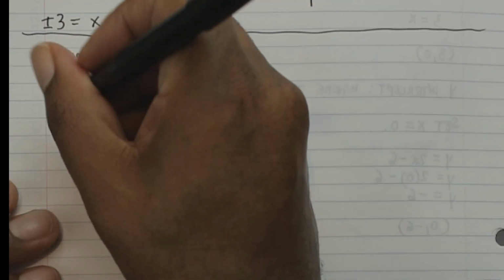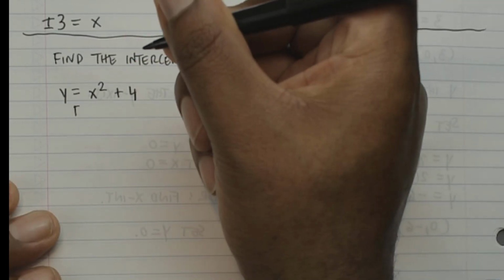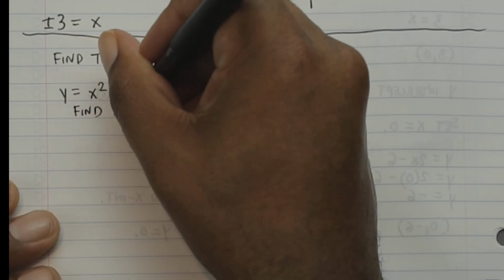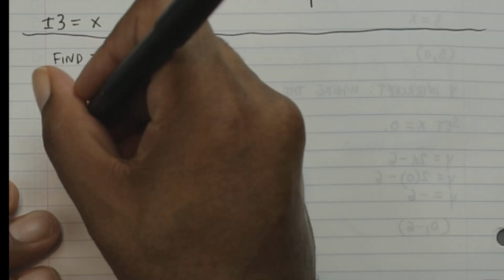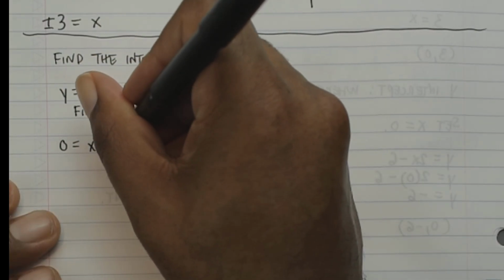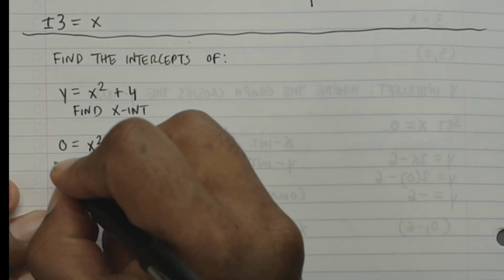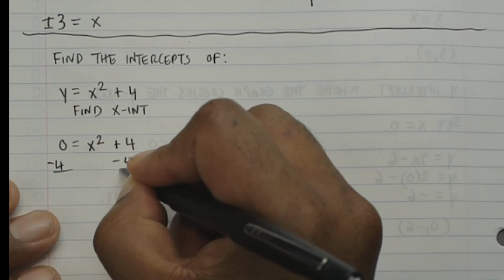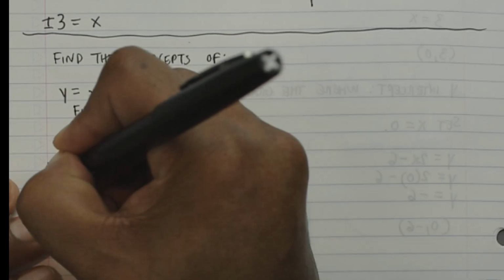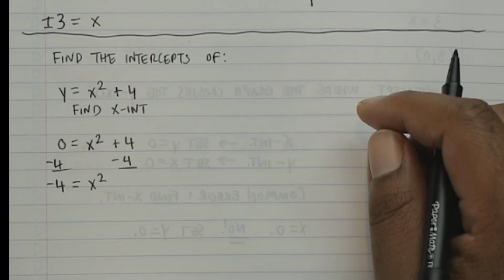So again, in finding the x-intercept, we set y equal to 0. Then we subtract 4 from both sides. In doing that, we have x squared here and negative 4 on that side.